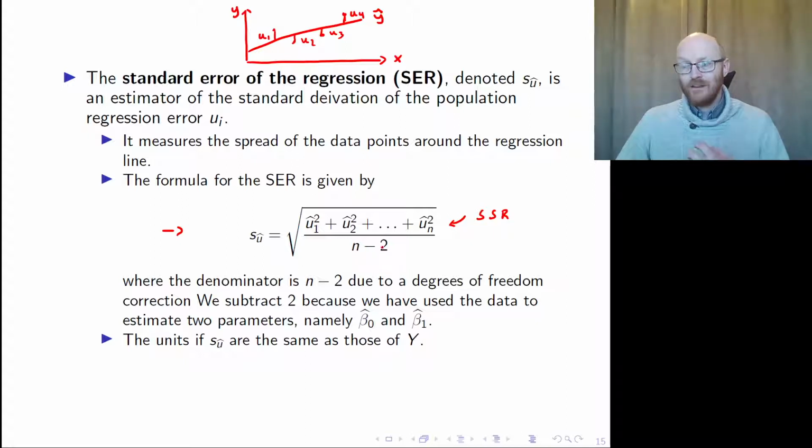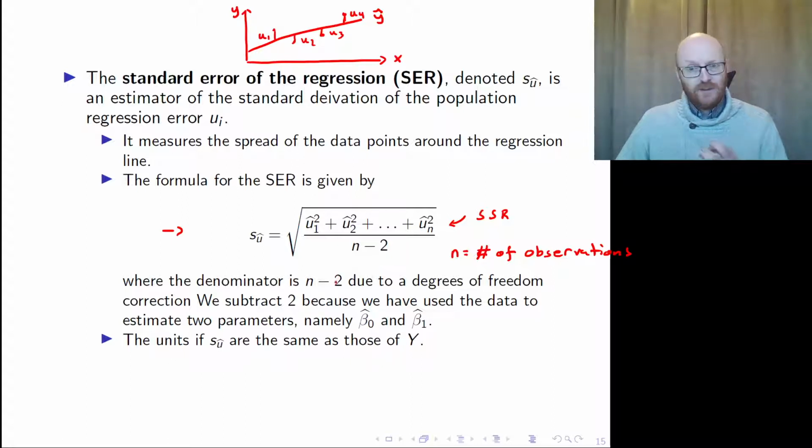You divide by n minus 2. N is the number of observations, and the minus 2 is due to the fact that you calculate these residuals by estimating two parameters, which is the intercept and the slope, the beta naught hat and the beta 1 hat.